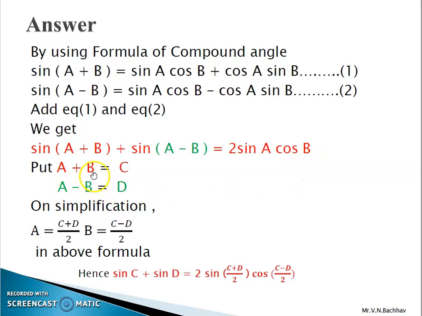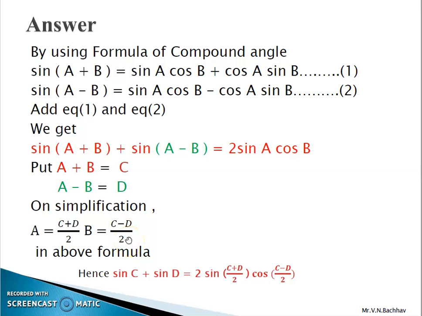Then we put a plus b is equal to c and a minus b is equal to d. After simplification, we get value of a is (c plus d) by 2. Means if we take addition of both, c plus d is equal to 2 times a, b gets cancelled. That means a is equal to (c plus d) by 2 and value of b is (c minus d) by 2.